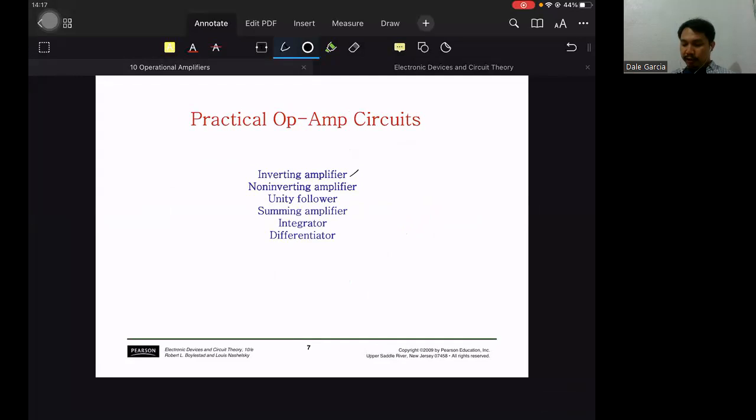We've covered the first one, the inverting amplifier. There are also others: non-inverting amplifier, unity follower, summing, integrator, differentiator. And we will learn as we progress, for the coming days and weeks.